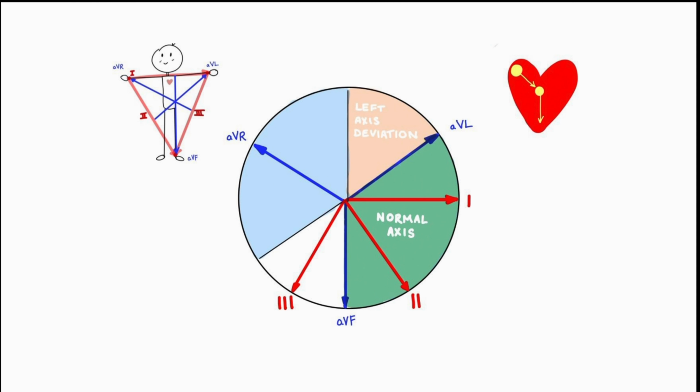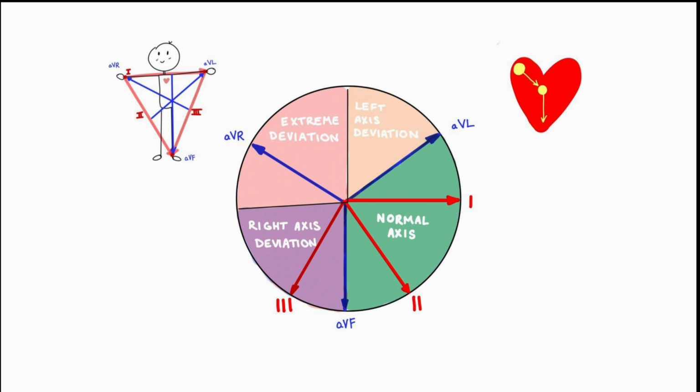If, say, instead of being positive in lead 1, we are negative in lead 1, that means we're towards the left-hand side of this diagram. Then being positive or negative in lead 2 at this point won't give us any more information. What we need to look at now is AVF. And AVF can split that nicely into our right axis deviation, which is between 180 degrees and 90 degrees, and that extreme deviation.